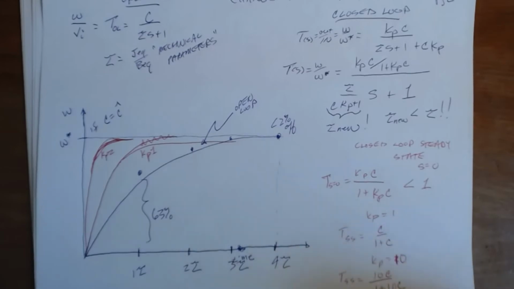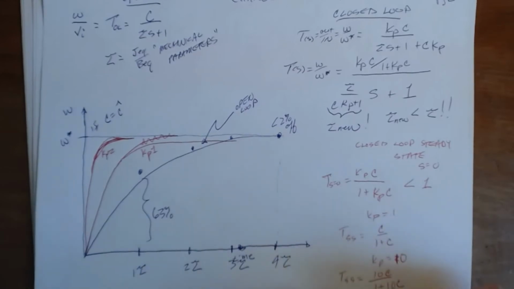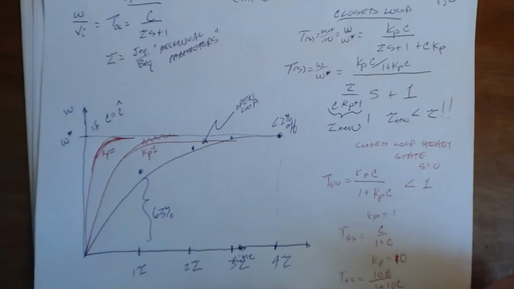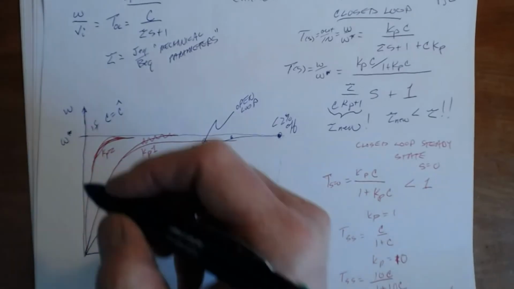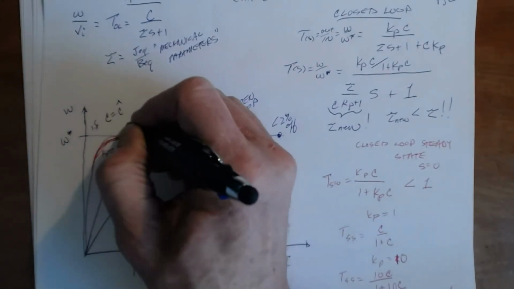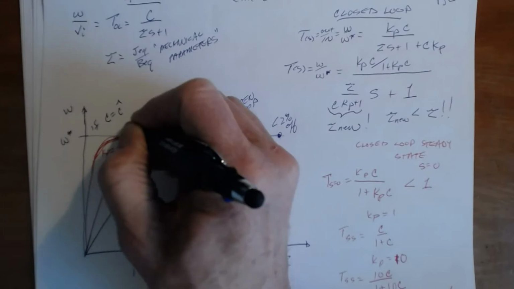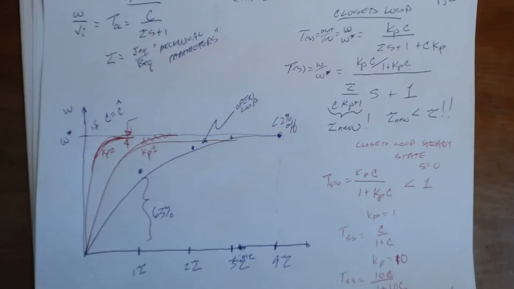And when Kp is equal to infinity, T steady state is equal to 1. So we actually have to make that really, really big in order to eliminate this tiny amount of steady state error. We're going to see that's a little bit different on our motor, but that's an important piece to think about.